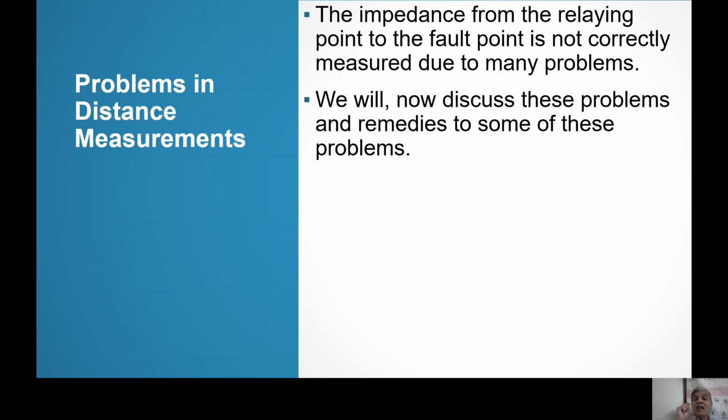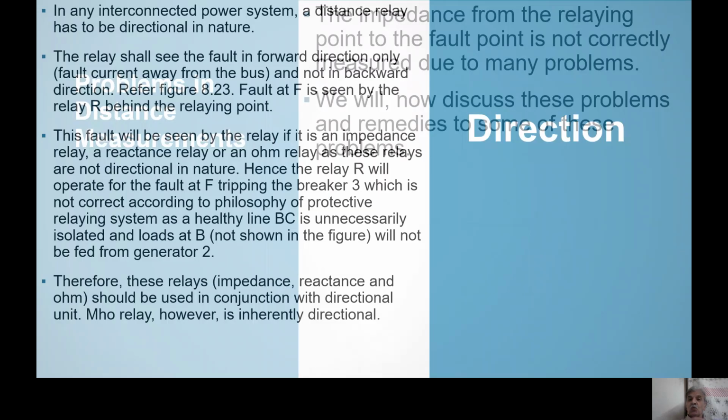So that is added in the measured impedance. You have not considered that in your formula and quantities. You have considered only Z1, that is the line, but the relay does not measure only the line impedance, it measures the fault impedance also.